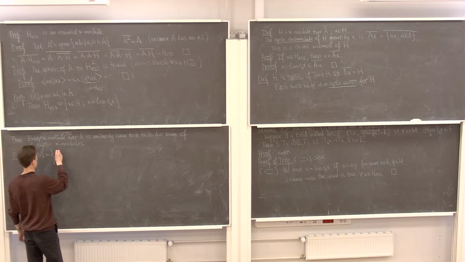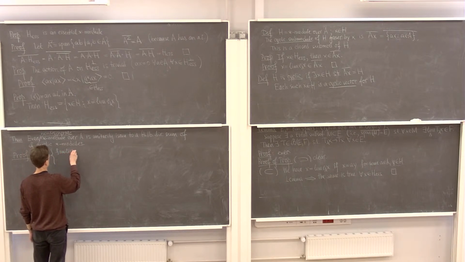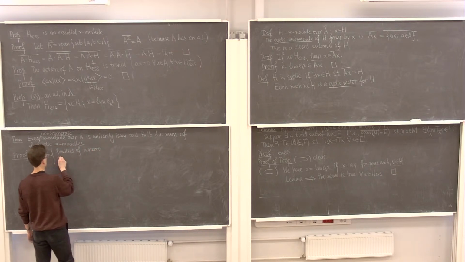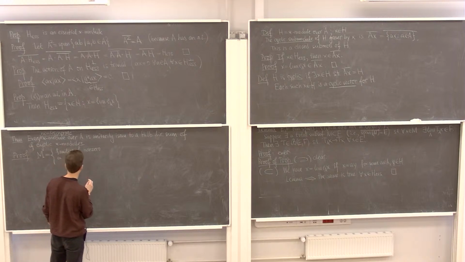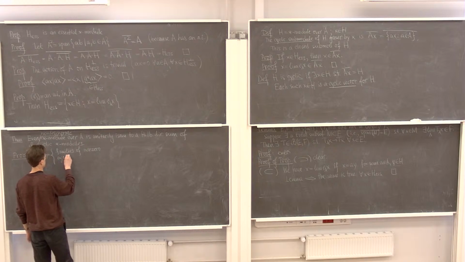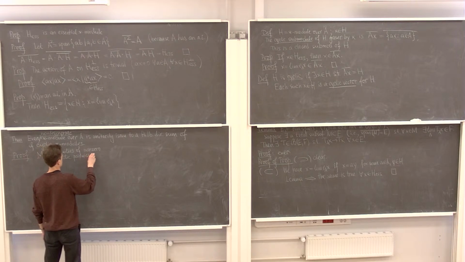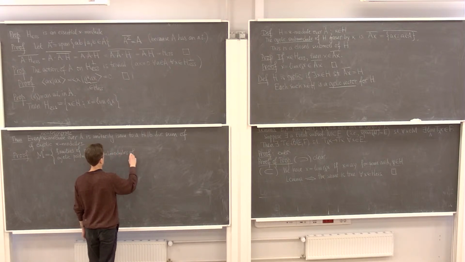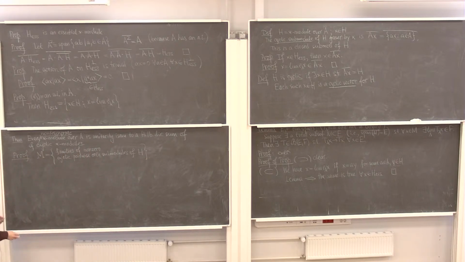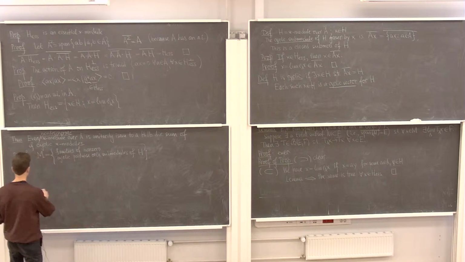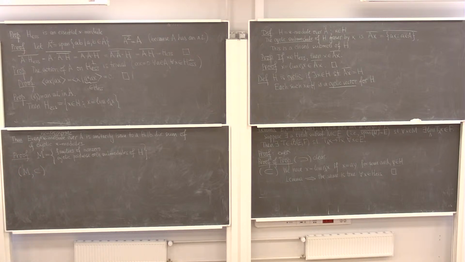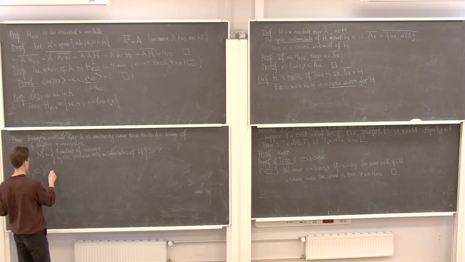M consists of families of non-zero pairwise orthogonal cyclic submodules of H. So M can be made into a poset, where the order relation is just the inclusion. And it's easy to see that M satisfies the conditions of Zorn's lemma.